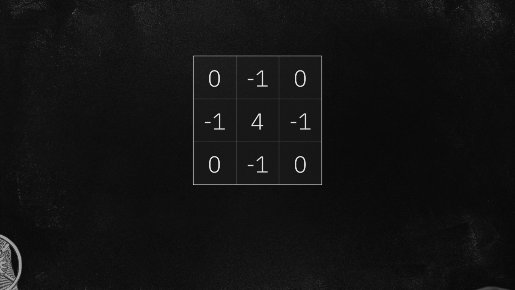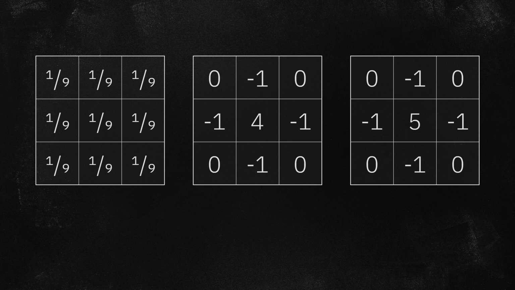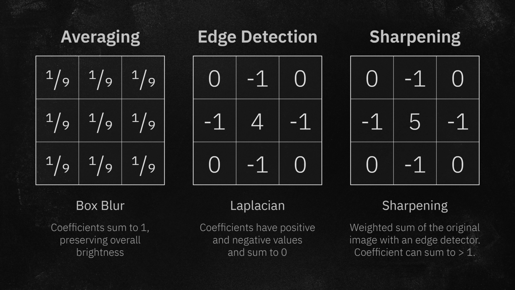When we multiply these values with each pixel in this little 3x3 neighborhood, add them up, and then replace the original center pixel's value with the result, that's called convolution. And by choosing different sets of kernel values, we can get a variety of different effects, depending partly on whether our coefficients sum to 0, to 1, or to something else.